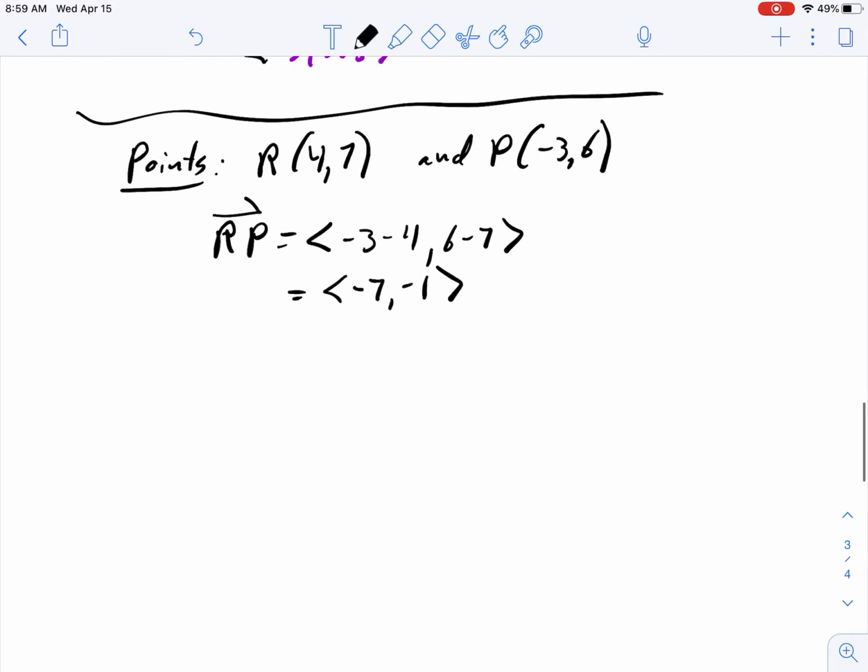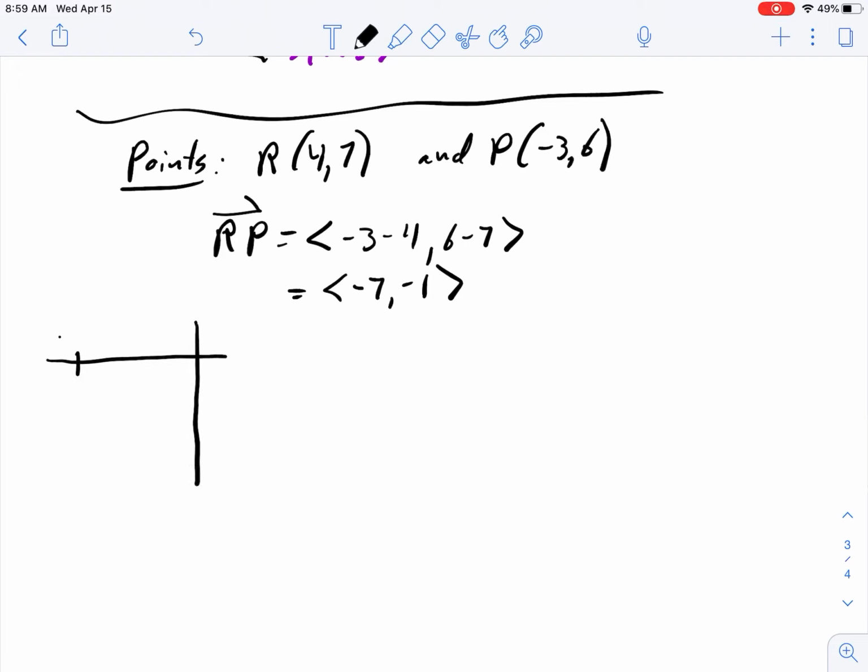Okay, now let's draw this out for a visual. So we have negative 7, negative 1. Here's my vector going in that direction. So this is vector RP. All right, so I want to find the unit vector of this.